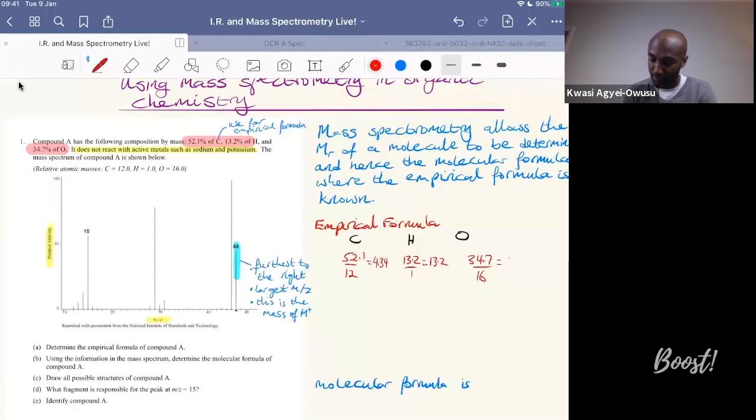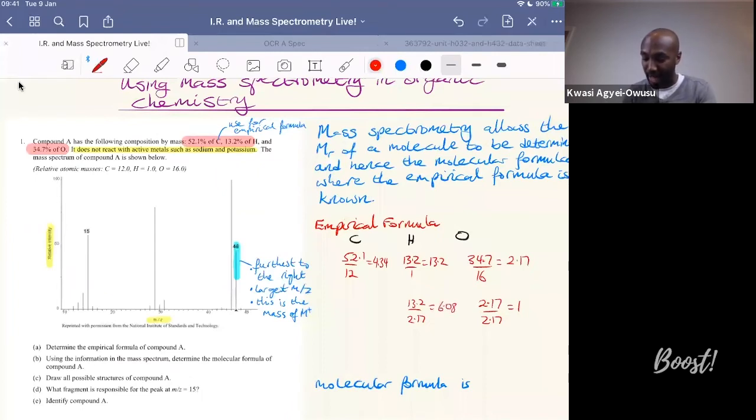Okay, so what we want, though, is the simplest whole number ratio. And to do this, we need to divide by the smallest number of moles at the next stage. So 2.17 divided by itself is, of course, 1. And then 13.2 divided by 2.17 gives us 6.08.